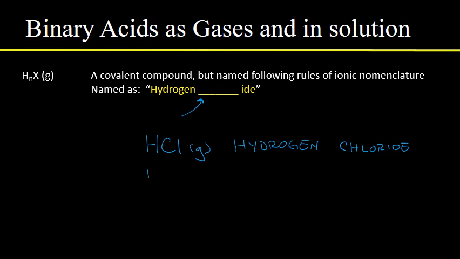And as we mentioned a little bit ago, because sulfur forms a 2- ion, the form of this one is H2S. So this would be hydrogen sulfide.